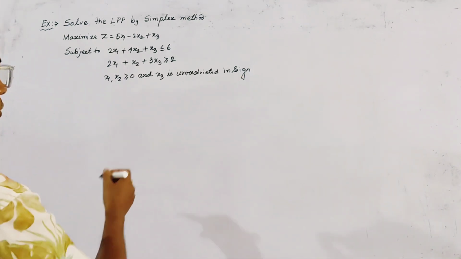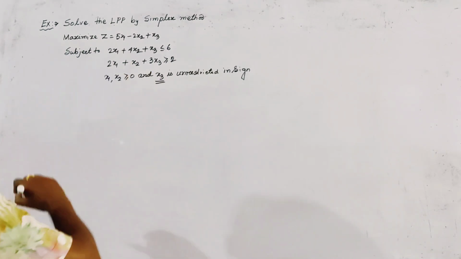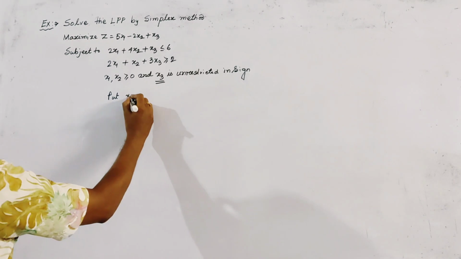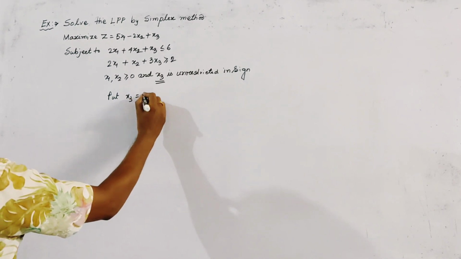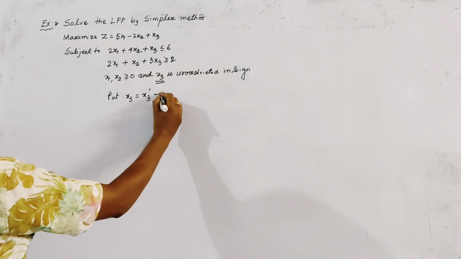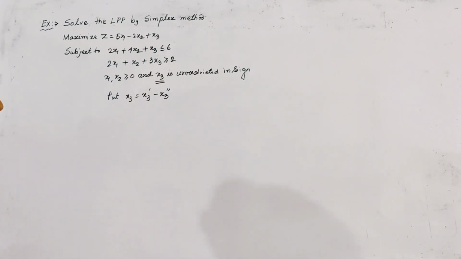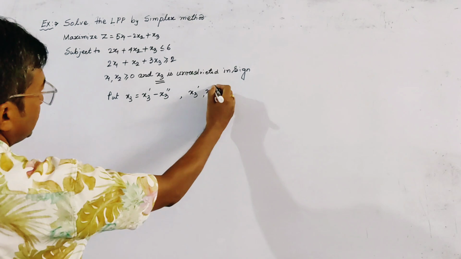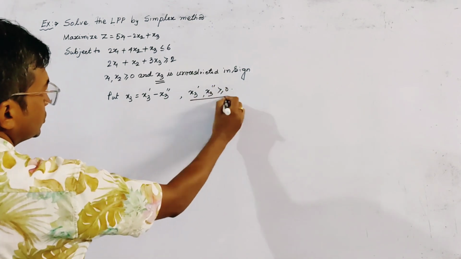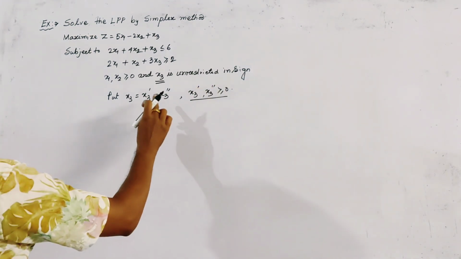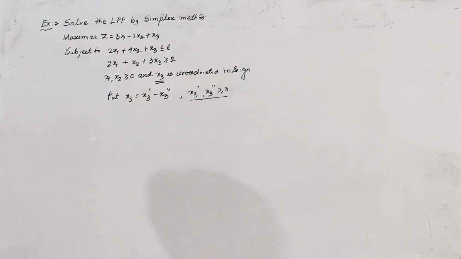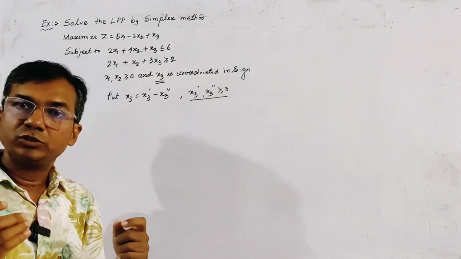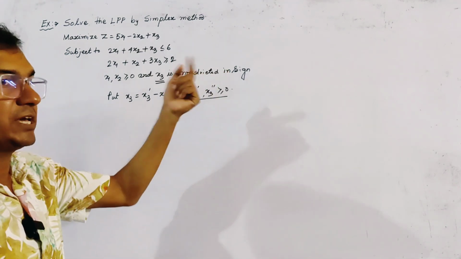Here we put, if the variable x3 is unrestricted, x3 equals x3 dash minus x3 double dash. Then x3 dash and x3 double dash are greater than or equal to 0, because the difference of two positive numbers may be positive, negative, or 0. That is, unrestricted in sign.